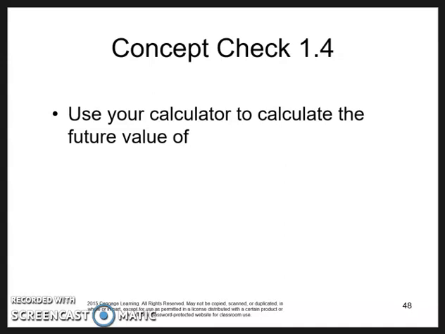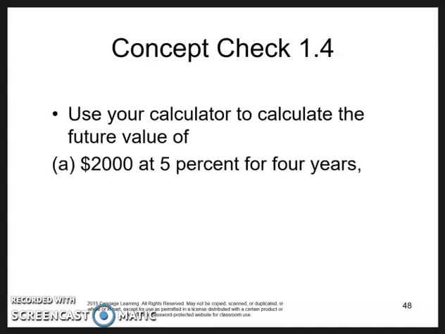Use your calculator to calculate the future value of these different calculations. There are three different calculations here, so I'll go ahead and enter these into our calculator. This one is $2,000 at 5% for 4 years. N is going to be 4. The IY is going to be 5. The PV is going to be the $2,000, so that's a negative.